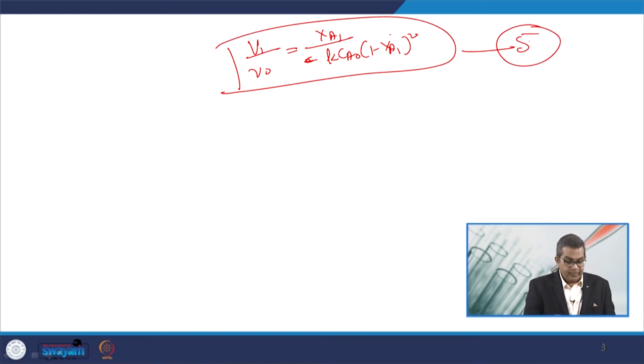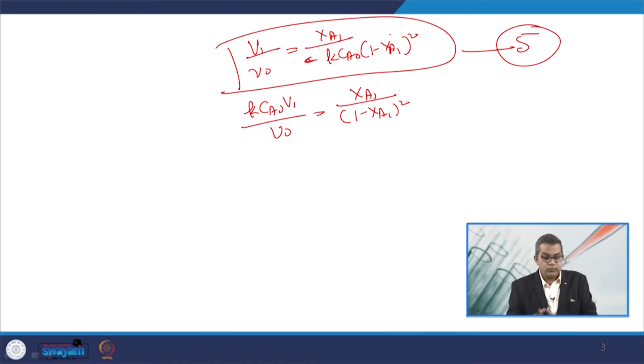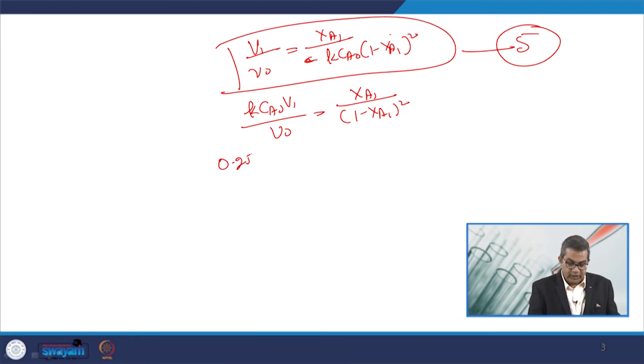So, if we go ahead with this, then K Ca naught V1 upon V naught is equal to Xa1 upon (1 minus Xa1) squared. On putting the values for the known parameters, we have 0.25 into 2 into 2.25 upon 2.5.